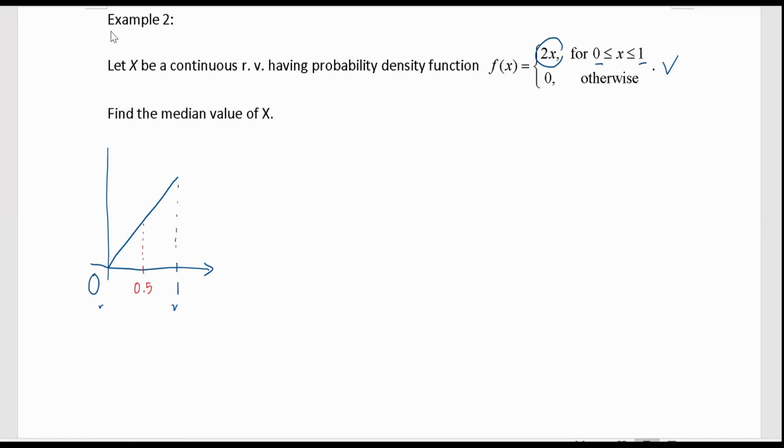Hence, we can tell the median should be a value that lies between 0.5 and 1. So how are we going to find the median? Let's say I label the median somewhere here as capital M. This value of M is more likely to cut the area into two equal halves: this area is 0.5 and this area is also 0.5.